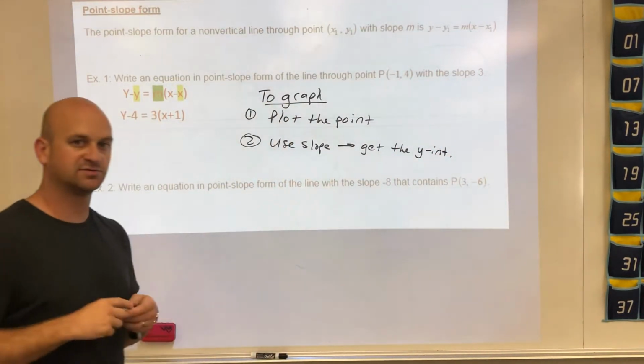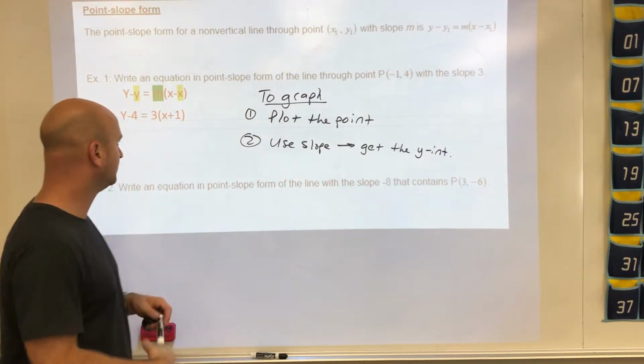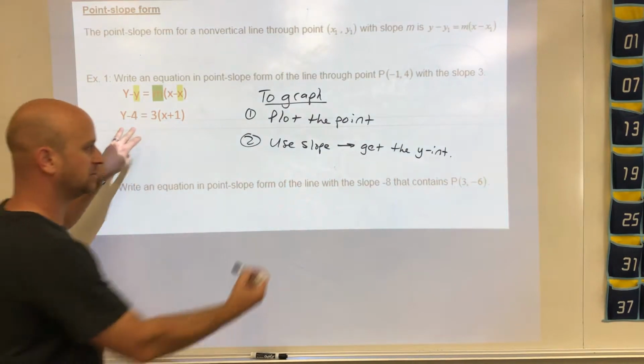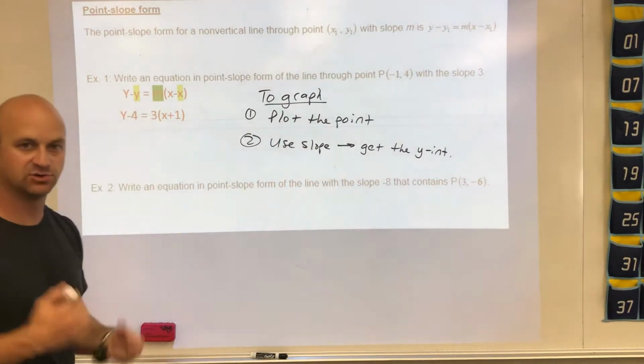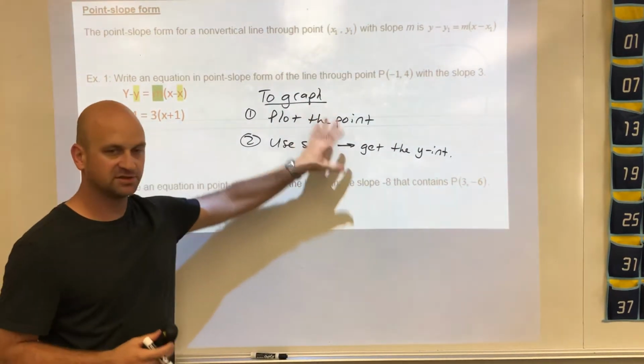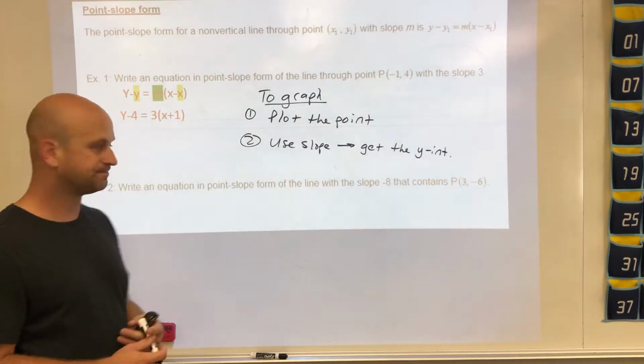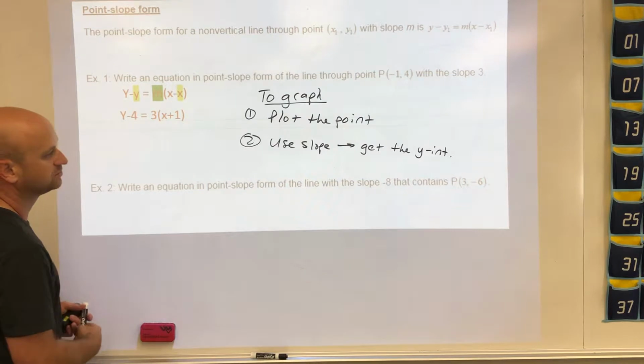So that would be the goal of graphing. You plot the point and then continue going. And if we were to do the algebra of this, it would match the graph equation as well. So we'll talk more about this in a couple days, but this would be how you would graph a point slope formula.